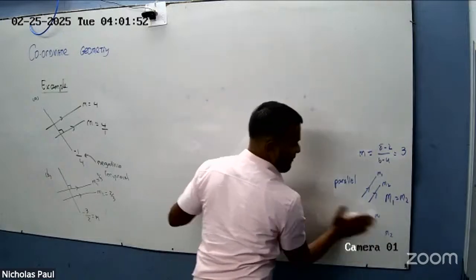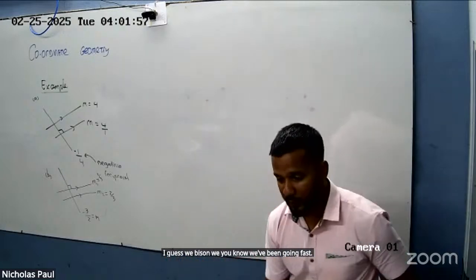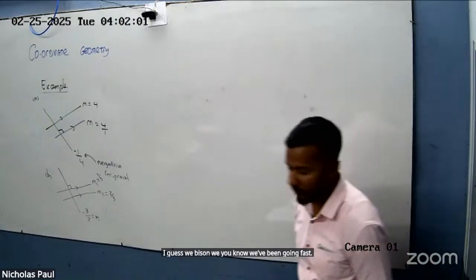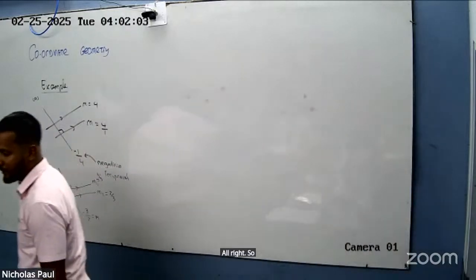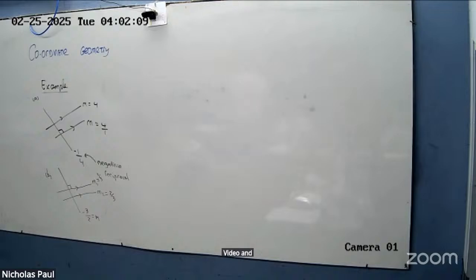I'm just revising. We will be going fast. But you're basing it on equation stuff. All right, so those are the things I need to remember about gradient, right? Gradient and your midpoint and so on.